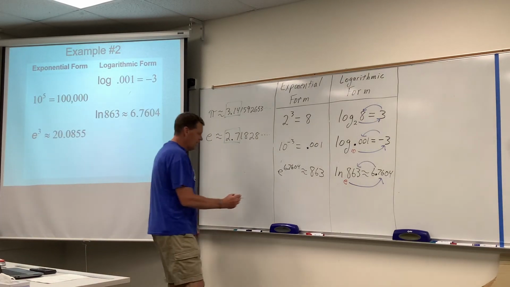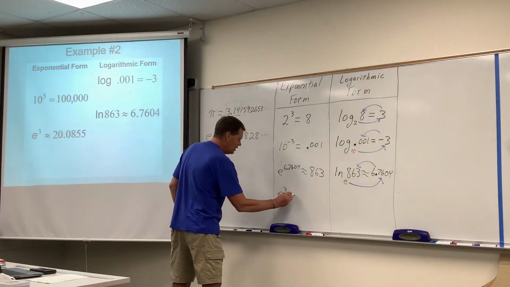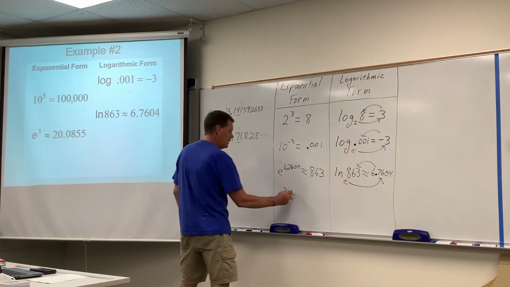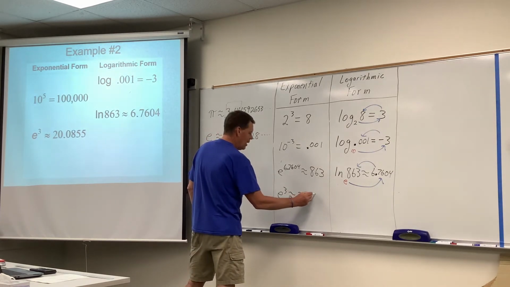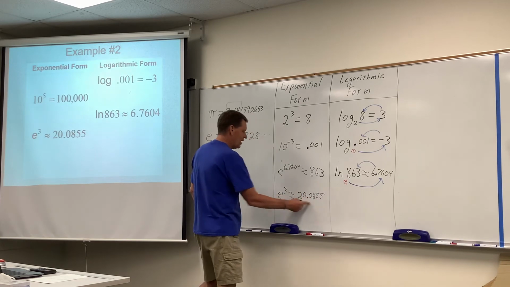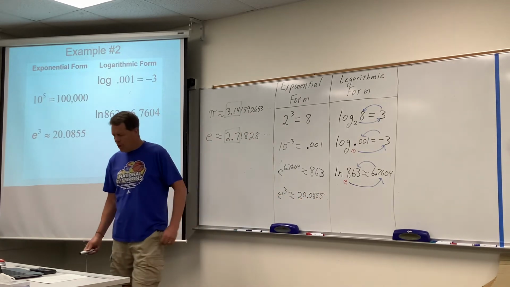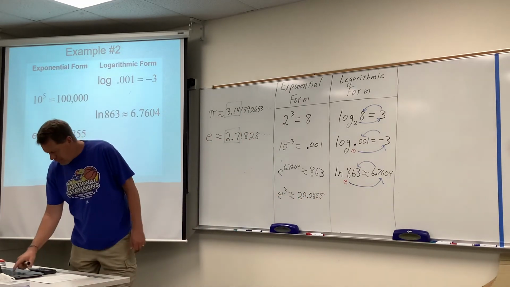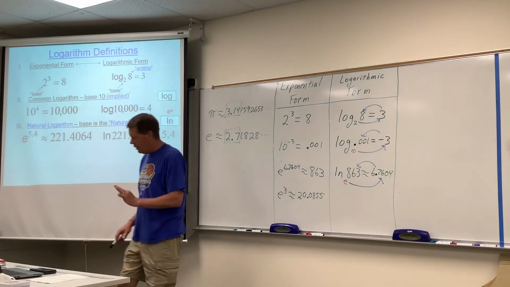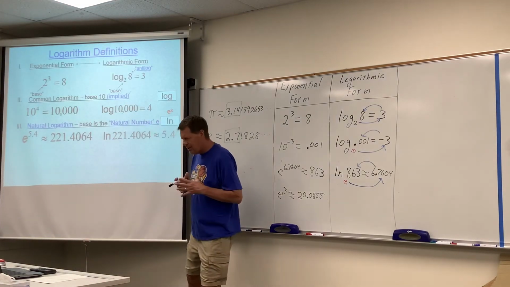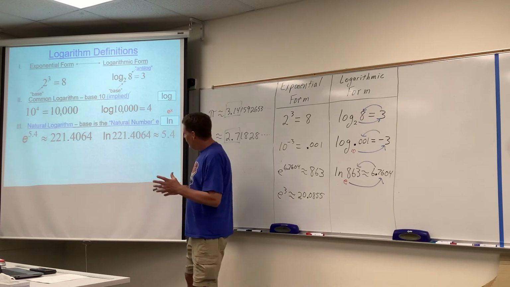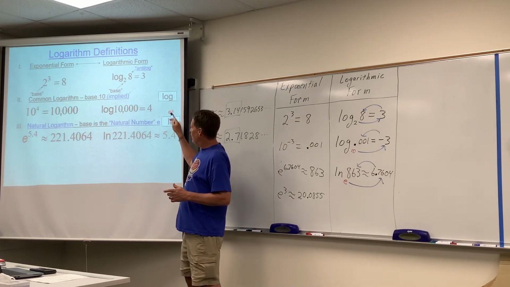If somebody says that e to the third power is approximately 20, and by the way, if you were going to check out that relationship, I hope you would say, okay, if I want to put e to the third power in a calculator, and this is an educated guess, I don't know what your calculator looks like, but I bet e to a power is not on a button.